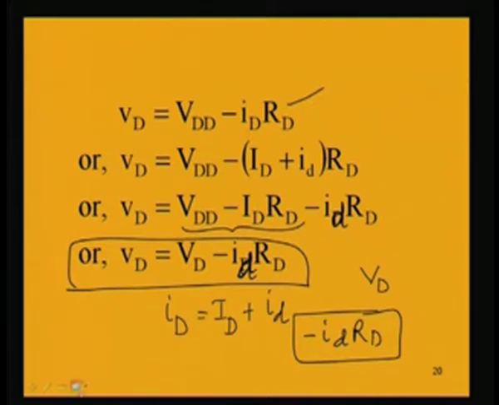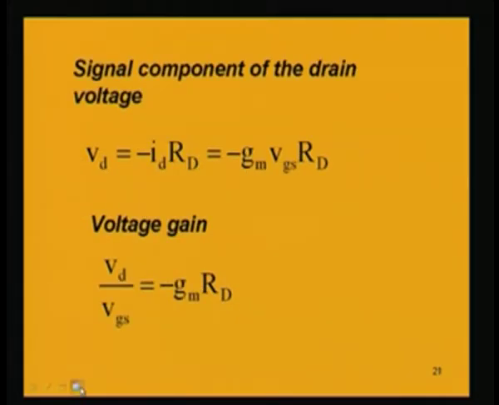Now, we are concerned about the AC part only, because we are discussing an amplifier, which is amplifying a weak signal which is an AC signal. So, at the output also we will be concerned about the amplified AC signal.